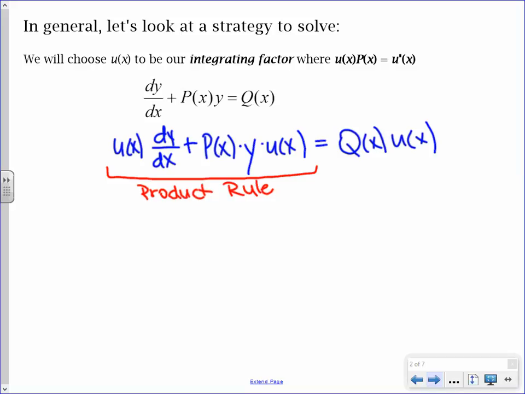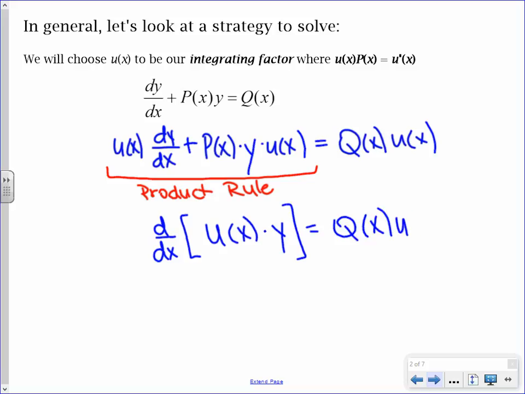This is the product of u times y, right? U times the derivative of y plus y times the derivative of u. Okay, so this is the product rule if we were taking the derivative of u times y. Remember, u times p is u prime, and so that is our u prime for our product.